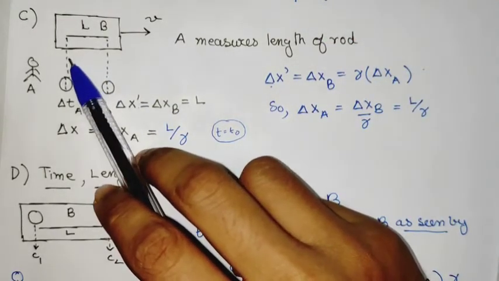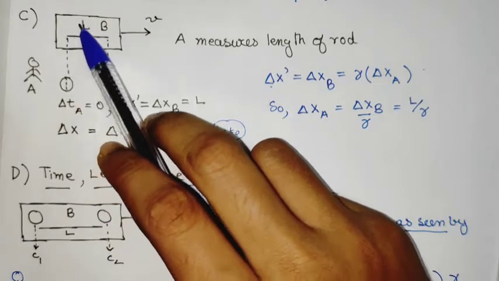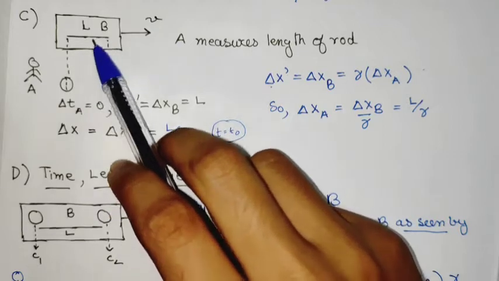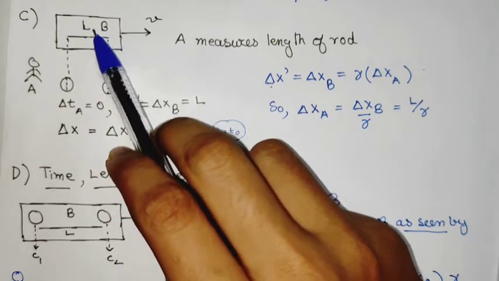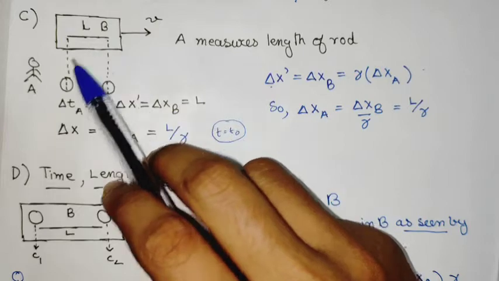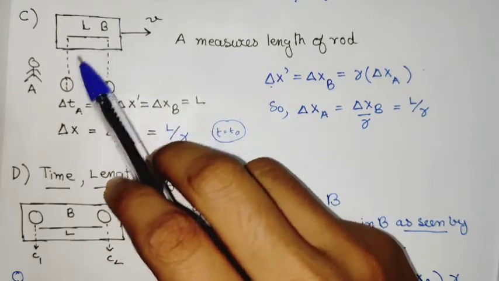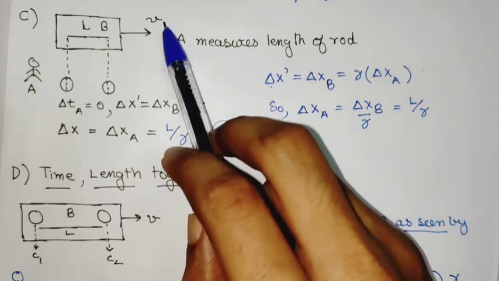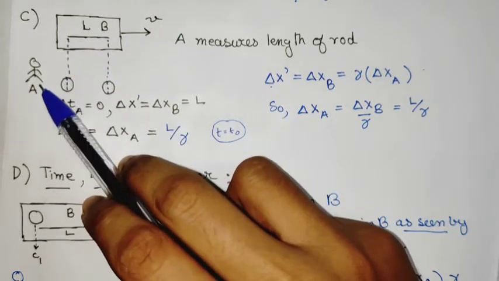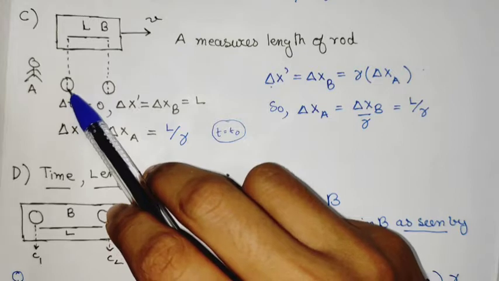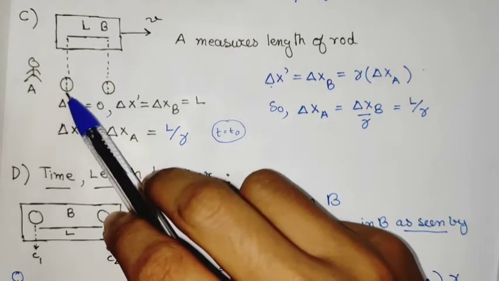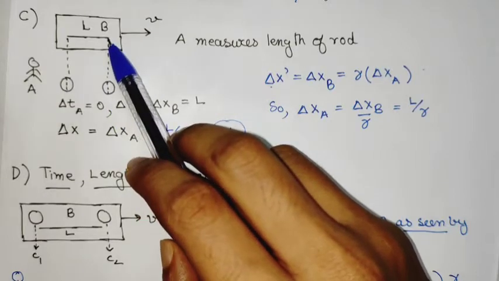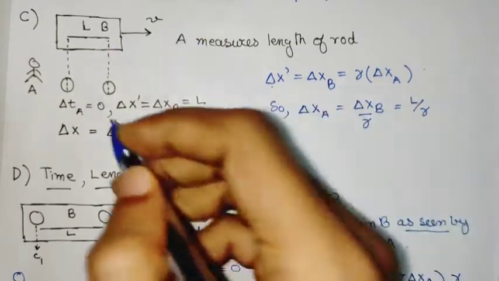Here we perform a measurement on the moving frame to measure its length. Suppose we have a party Bob, and he takes a rod of length L, sits in a train, and the train starts moving with a velocity v. Now what A does is, at the same instant, he records the two ends of the rod as it passes by two points.